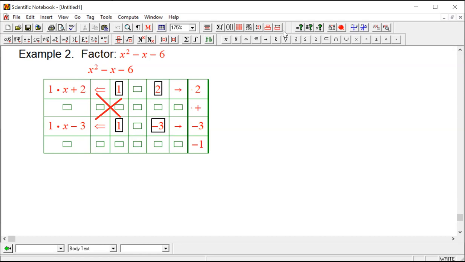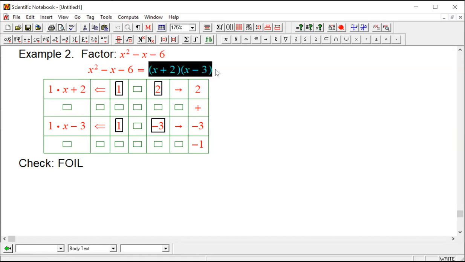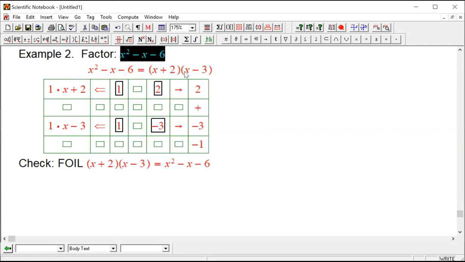These two factors are x plus 2 times x minus 3. And as always, you can check by FOILing the product to see if we really get the original expression that was given.